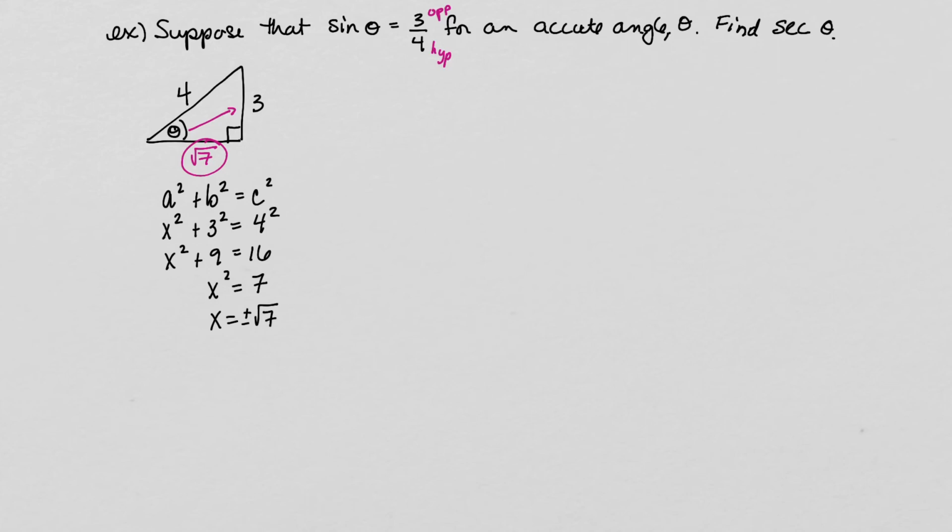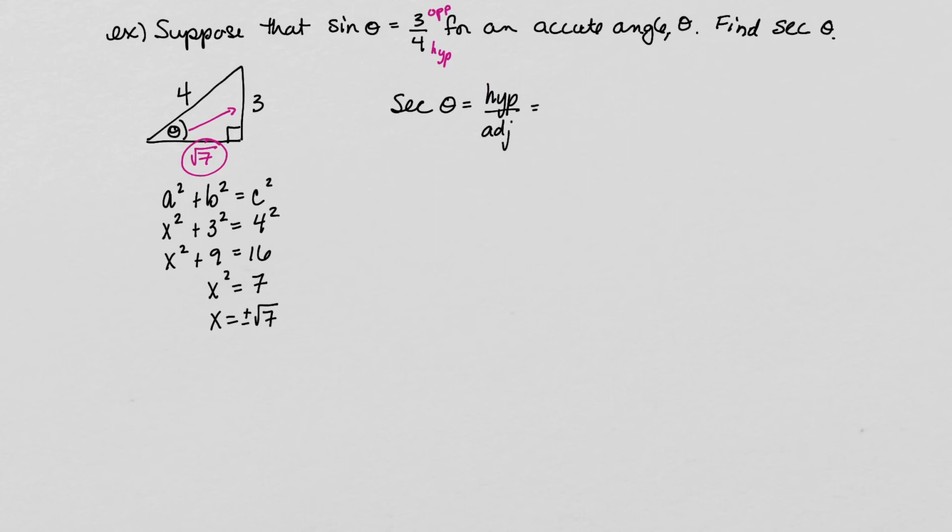Okay, so now we can find what we were looking for. Remember, we're looking for the secant of theta. So usually we get the secant by flipping over which trig function? Yeah, we usually get the secant by flipping over the cosine. The cosine is adjacent over hypotenuse, so the secant is the hypotenuse over the adjacent.